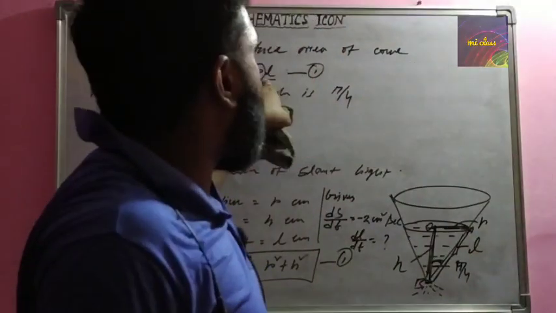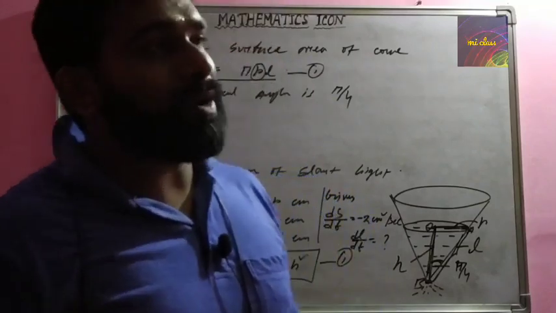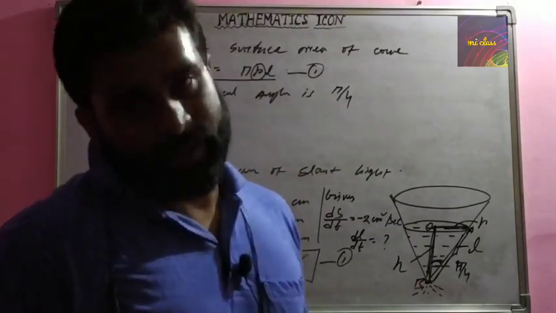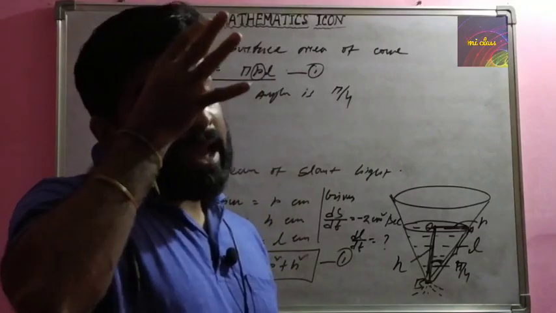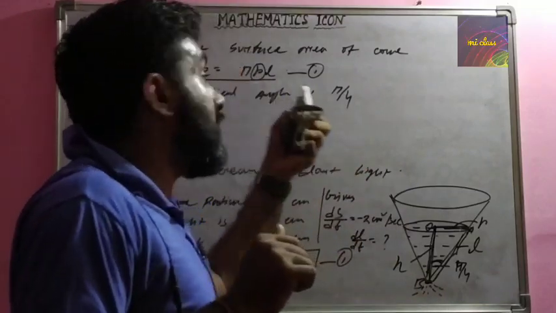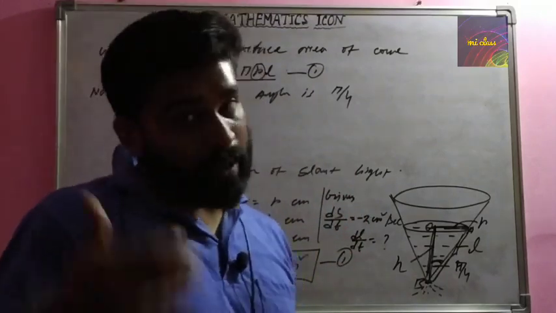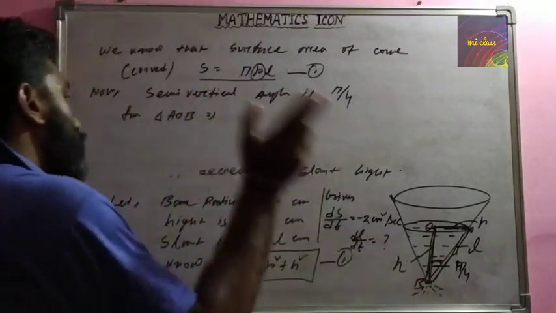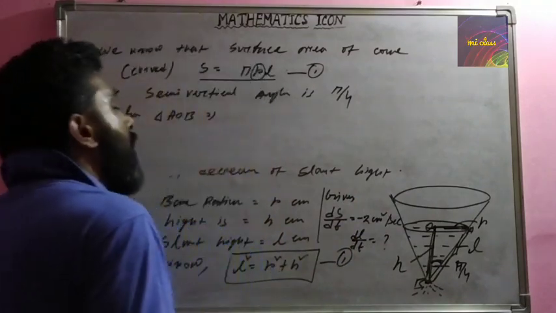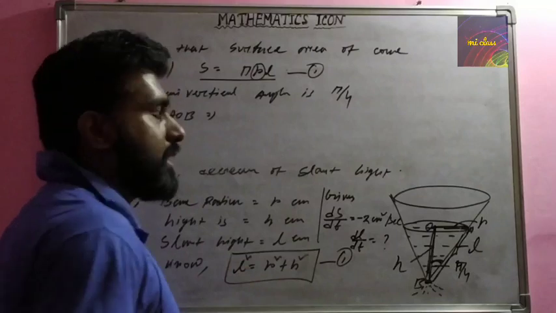It should be rearranged in the form of L so that we can find dl by dt, because to find dl by dt, no term except L is permissible in the expression. Only L should remain. Here R is visible, so I have to remove it. In the question, the semi-vertical angle pi by 4 is given, so let's see if we can use it to build a relation between R and L.